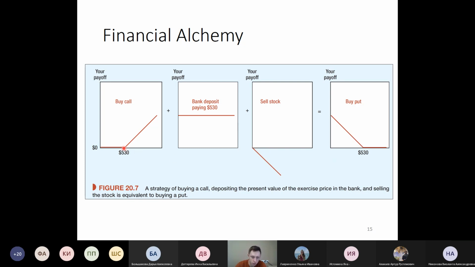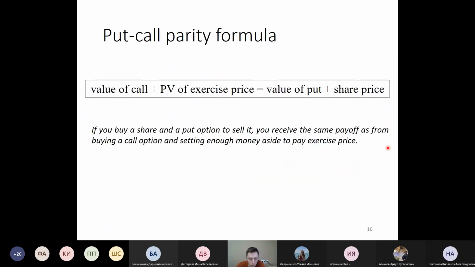Once we reach the point of the exercise price, the losses on the short selling of the stocks are compensated with the gains and profit we receive by having the call option, and therefore on this side we have a straight line. And with this idea we have multiple conclusions that we will benefit from.